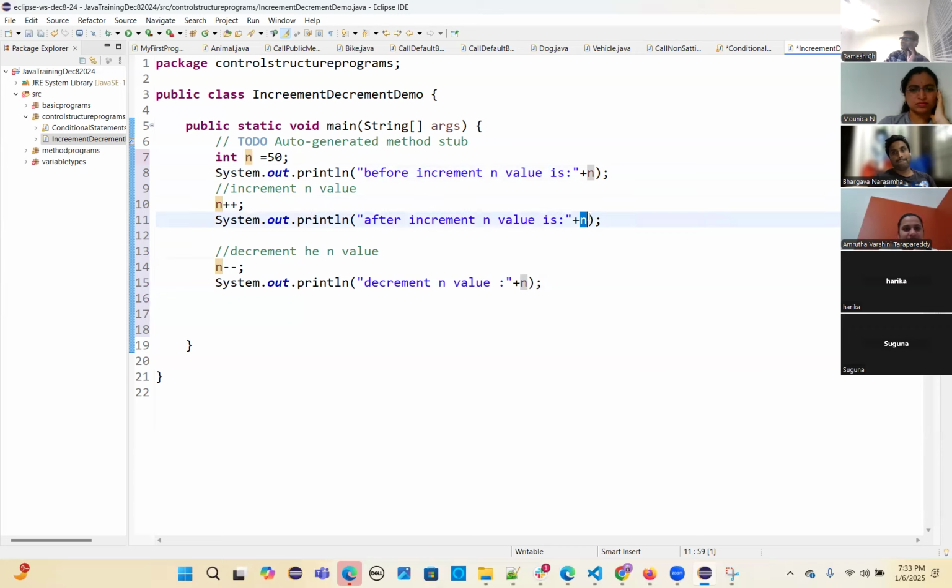Then how will it become 50 here again? 51, sir. Now here the n value is 51. Then what is the n value when it comes to here? 50.